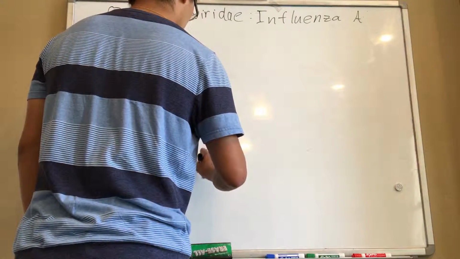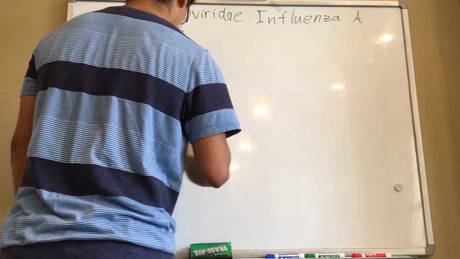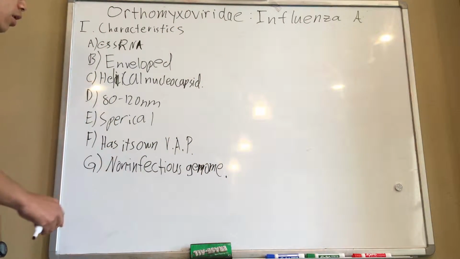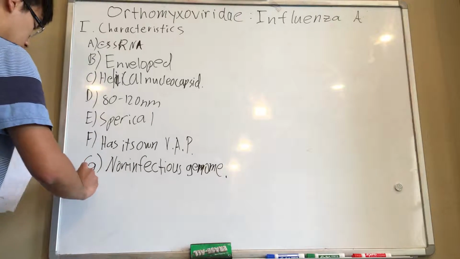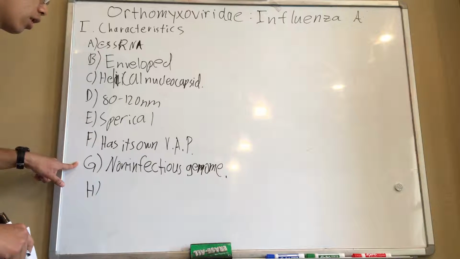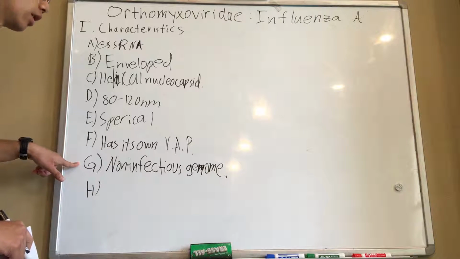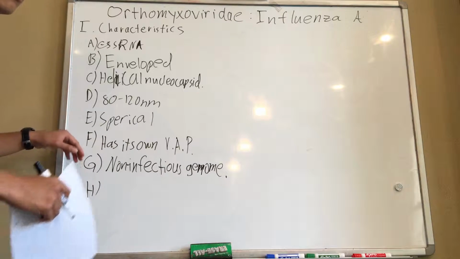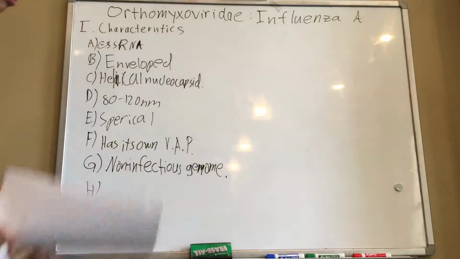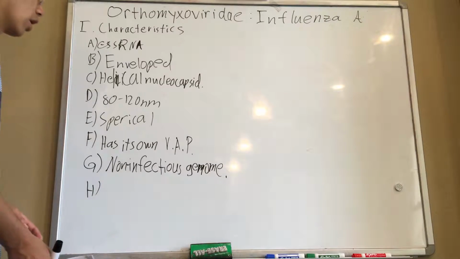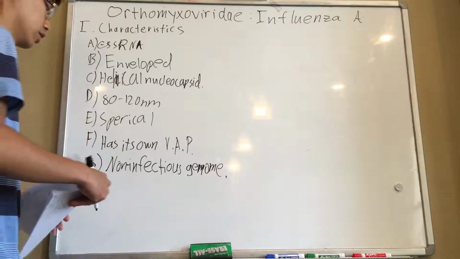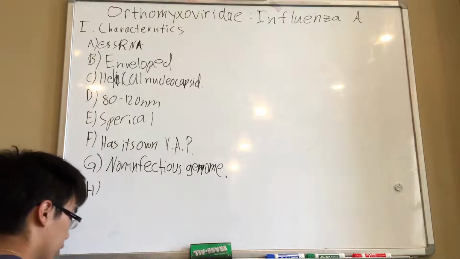That makes a lot of sense, because without the protein coat, which has the VAP, it can't do anything. Later, when we get to double-stranded DNA viruses, you'll see that if you isolate the genome, it's actually infectious, but that's for another video. For now, it's flu, non-infectious genome.